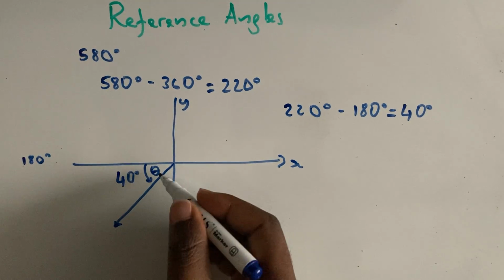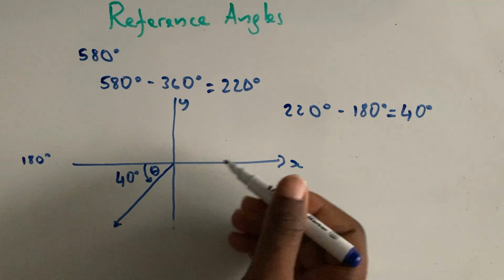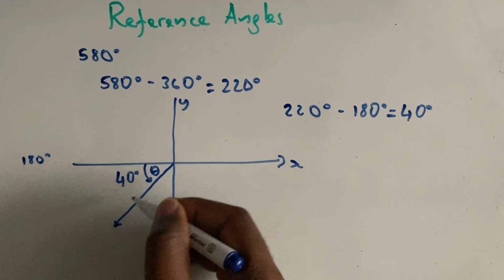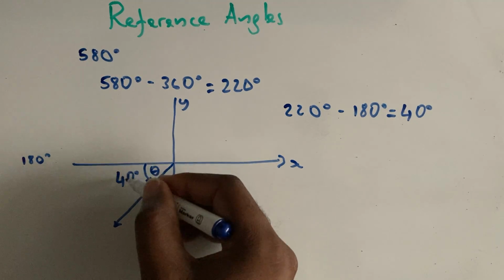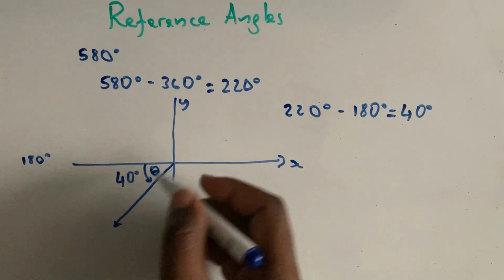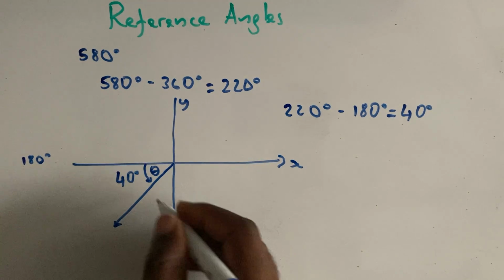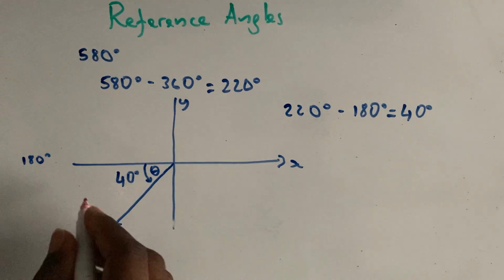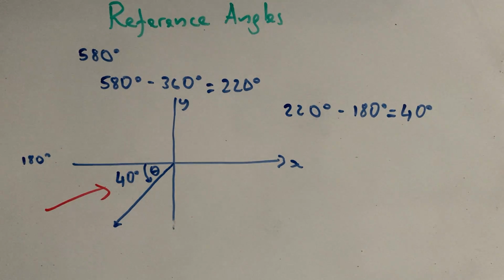We know that it's the angle formed by the terminal side and the x-axis. So that's why we know this is the reference angle. Theta equals 40. As you can see.